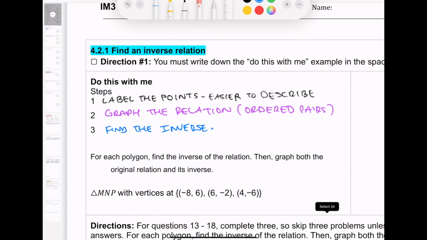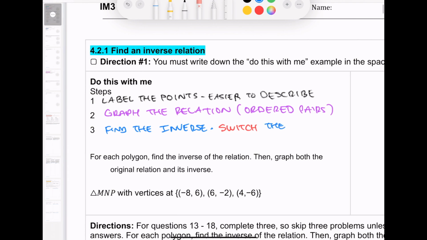Class, if you had to use one word to describe the inverse, it's to switch the ordered pairs. So label, graph, and then take the inverse.